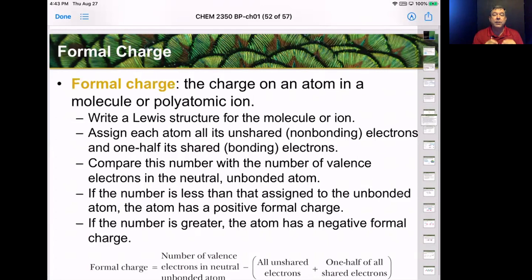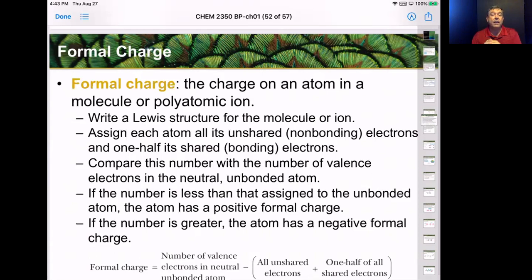Each atom has to have all of its shared and unshared electrons. We have to show all the lone pairs. Now we have to think about how many electrons the atom had as a neutral solitary atom. For example, carbon is in group 4A, so it had 4 valence electrons to play with.